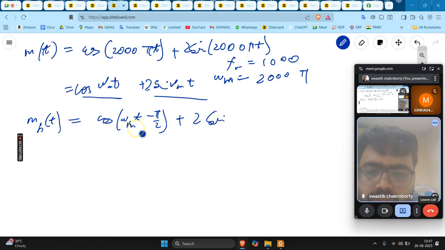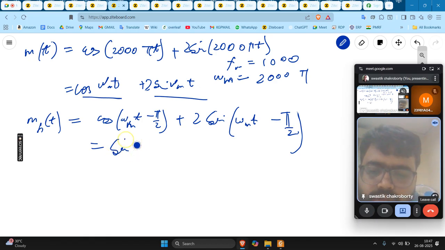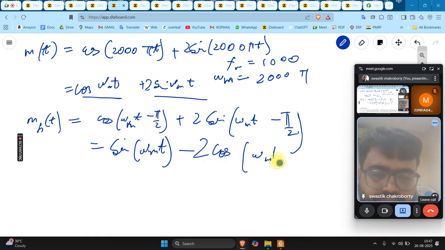So this will be sin omega m t and this will be minus 2 cos omega m t. So this is the Hilbert transform. Now what will be the LSB?